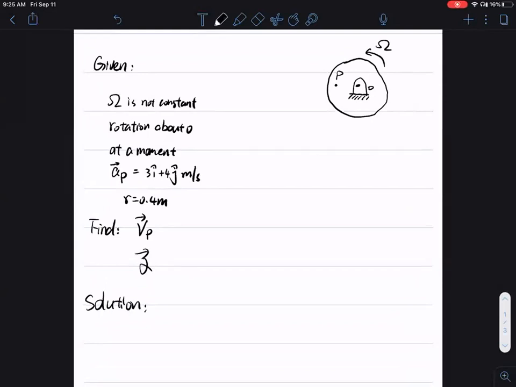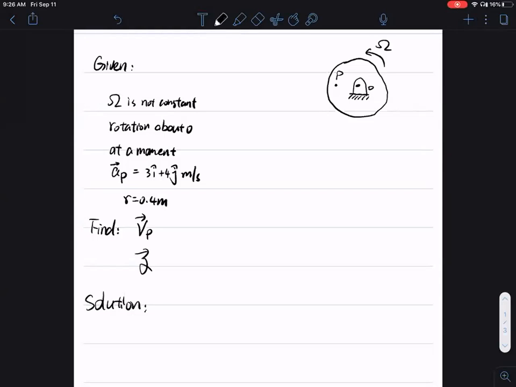And we also know at point P, this is the acceleration. And we know the distance from O to P, that's R. What we want to find is the speed of point P, Vp, and we also want to find the angular acceleration of this disk, alpha.